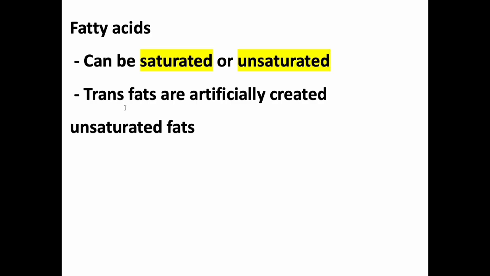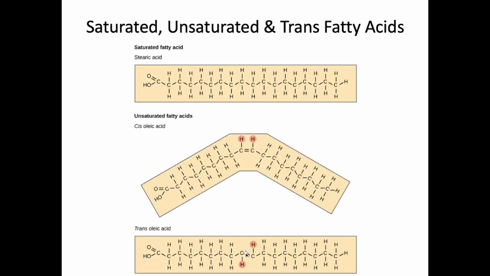It's a food processing thing that can be done that creates an unsaturated fatty acid. Look at that double bond here between the carbons, but it's not bent. This is a straight fatty acid, but it has double bonds in it. So, these are only found in artificially human-created foods.